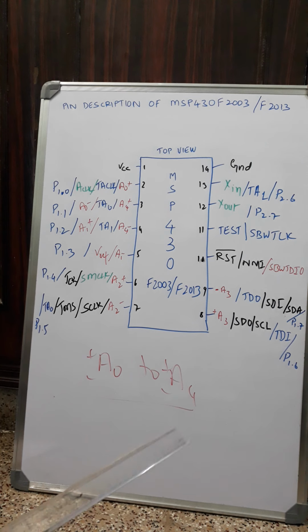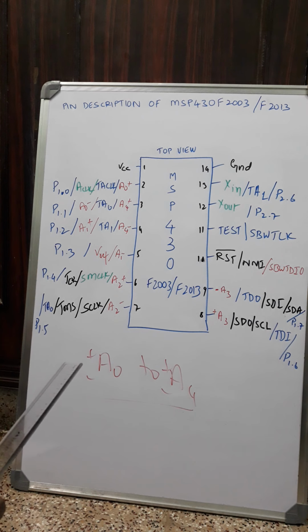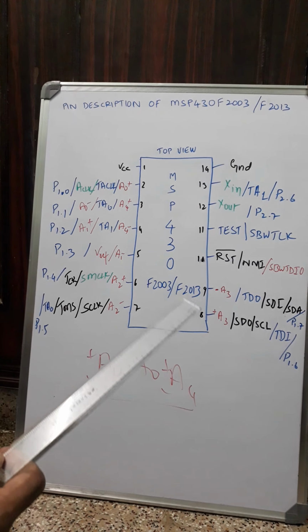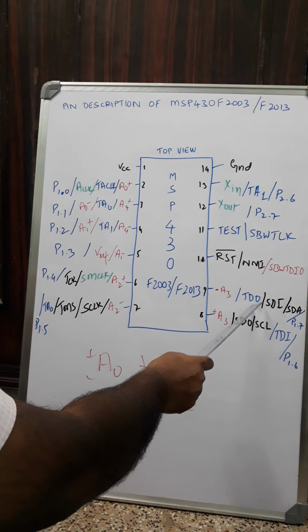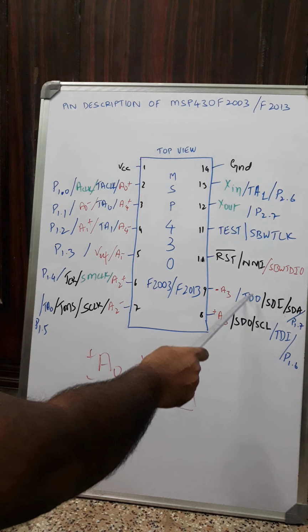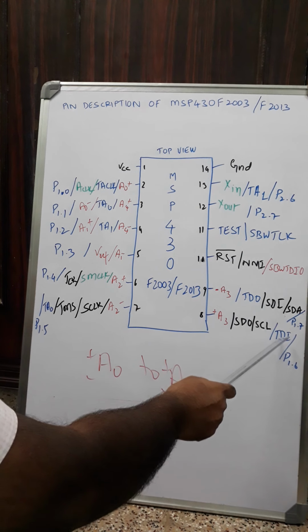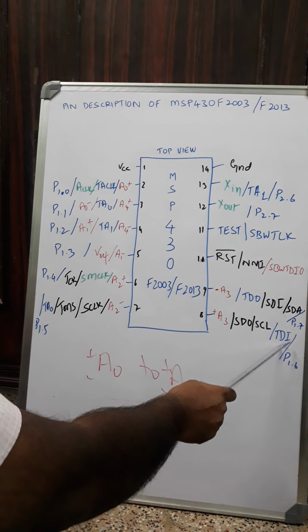Then there is a JTAG kind of arrangement, or the protocol to test the PCB board. You have got a hardware debug system using JTAG. So JTAG related pins are TDO here, that is test data output, and test data input.